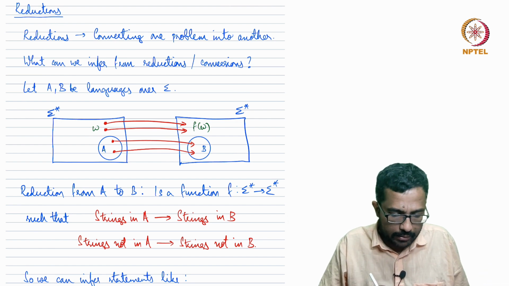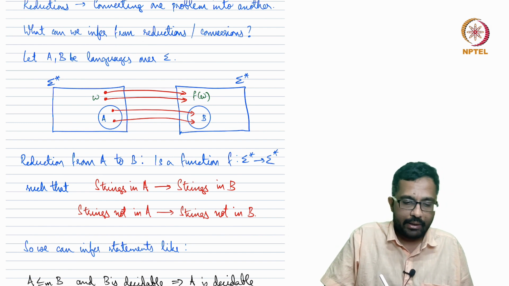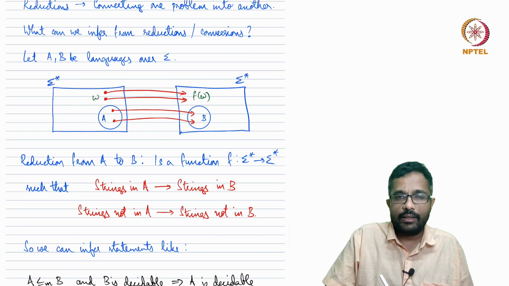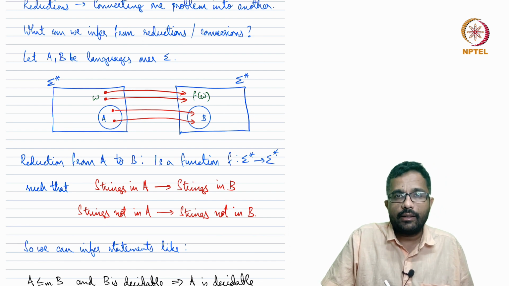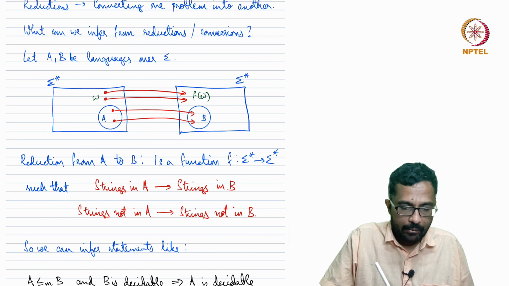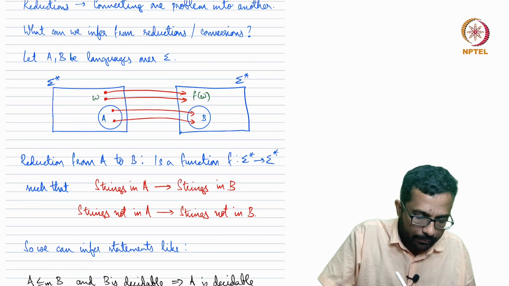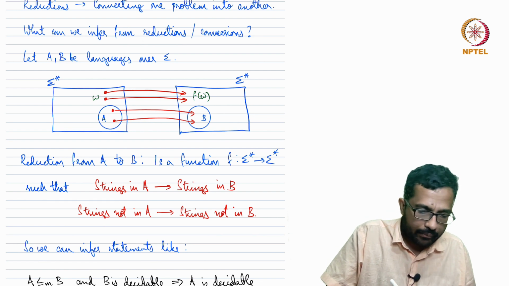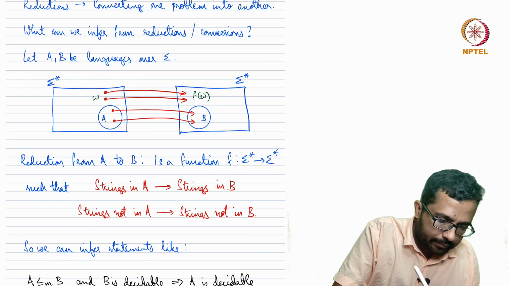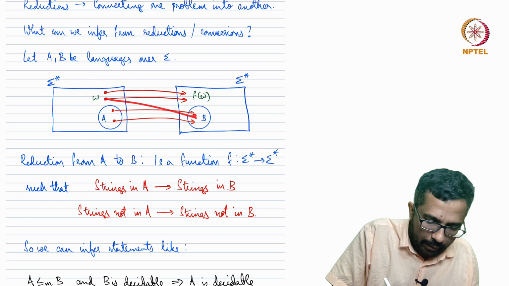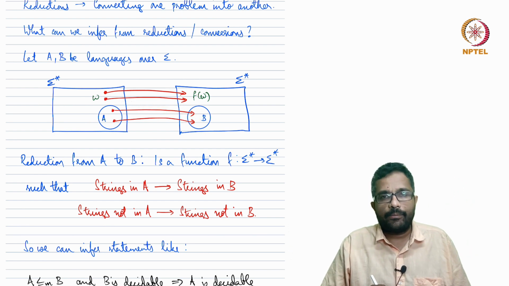So now notice both of these are important. We need yes instance to yes instance mapping, that is anything in A should map to something in B, and anything not in A should map to something not in B, right? The second thing is also important, because suppose a w not in A got mapped to B, suppose such a mapping, like the one that I am drawing now, was there.